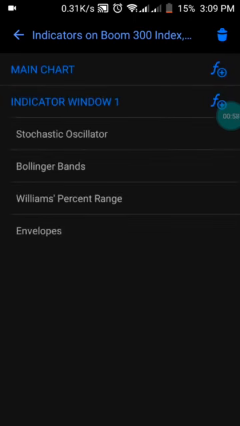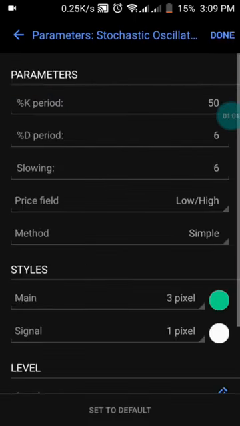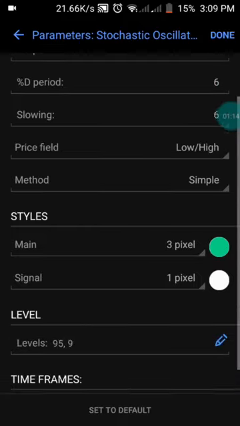Let me show you the settings of this strategy. I have my oscillator on the first window, where the %K is 50, the %D is 6, the slowing is 6, the price field is low/high, and the method is simple. I have my style in this color, so you can just screenshot it the way I do it here.